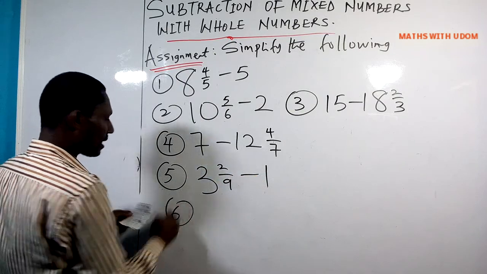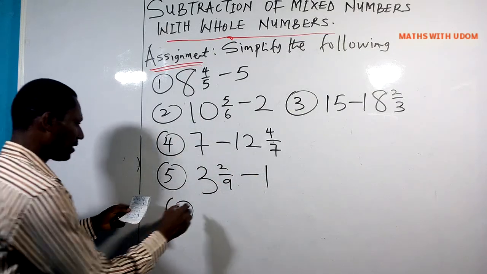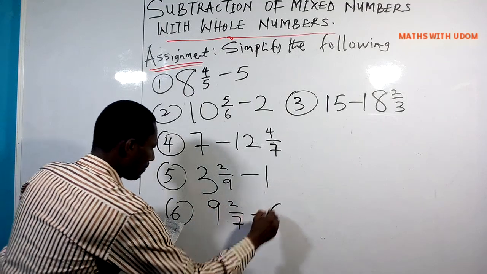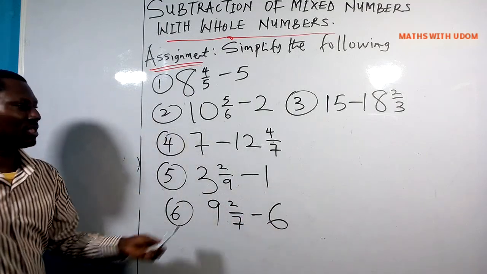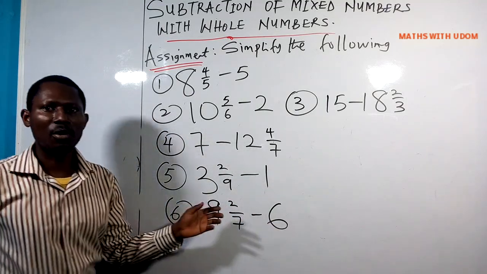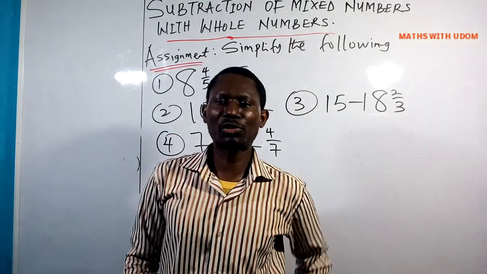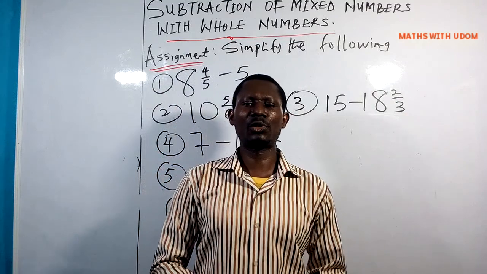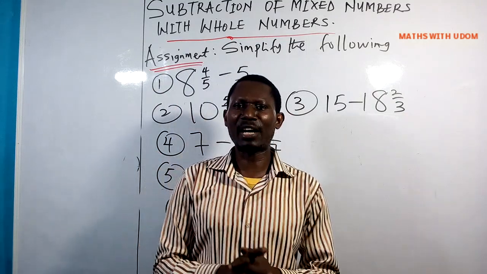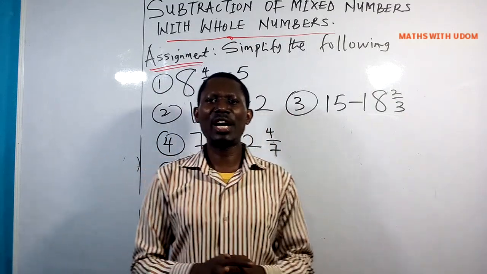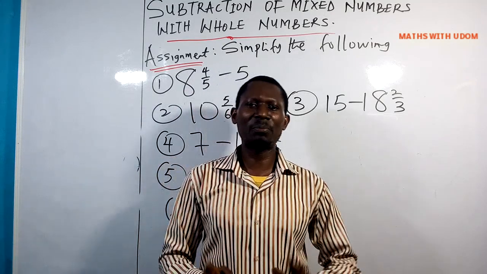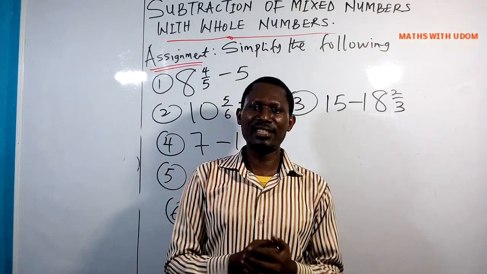And lastly, number 6, let's have this. So these are your assignments for today. You are going to solve these assignments, submit your work to your school teachers for appropriate marking and correction, and then you see your errors if there are any. I believe there won't be any error because they are so simple, easy to understand, easy to solve.